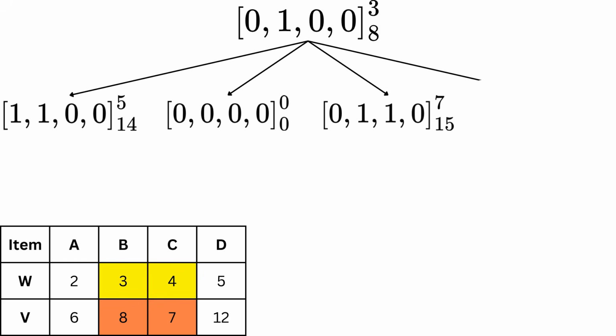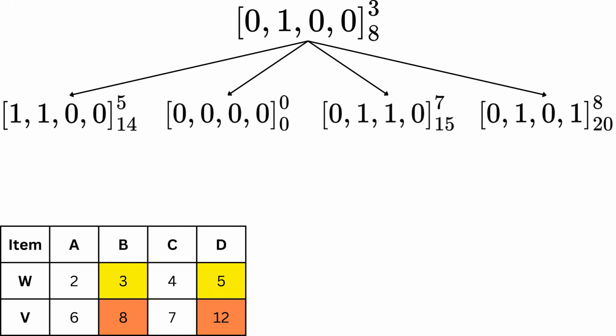By flipping the third bit, we get 0110, which means item B and C are selected. The total weight would be 7 and total value would be 15. After flipping the last bit, we get 0101. The total weight is 8 and the total value is 20. Now the hill climbing will select the node with the maximum value, which is 20.